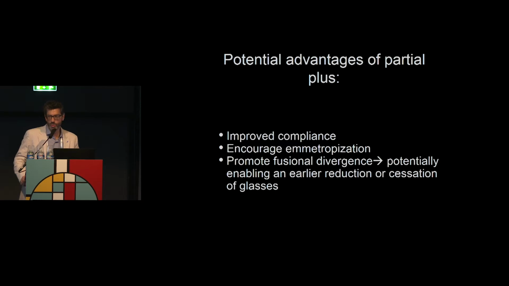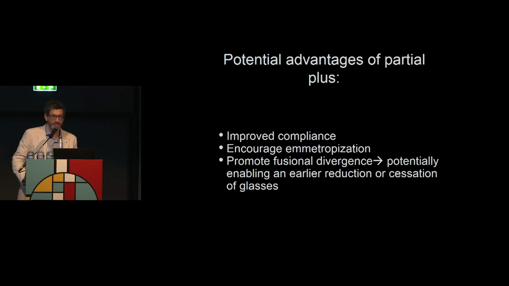Why wouldn't we give the full plus? Well, certainly anybody who's been in practice and done this knows that you don't get the compliance with wearing glasses a lot of times when you give full plus, because patients are used to accommodating and you drop them in their full plus and they won't wear their glasses. There certainly is some evidence that allowing patients to accommodate over time encourages emmetropization. So obviously most kids that walk in our door are hyperopic, and we don't give them glasses because they're 1.5 or 2 diopters of hyperopia.